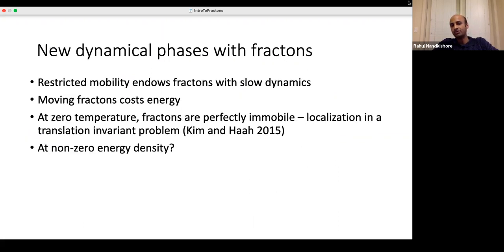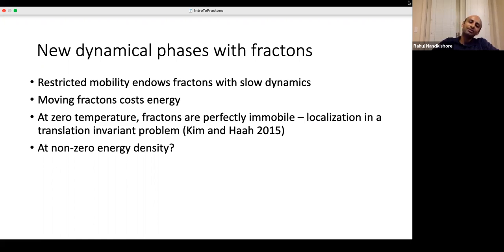Fractons have restricted mobility. If you just put down a state where you have a vanishing density of fractons, those fractons cannot move at all. So now you could write down a Hamiltonian which is nominally translation invariant, but which will nonetheless be localized, and you'll have excitations which don't move at all. Really, that's just because each excitation is in its own superselection sector.